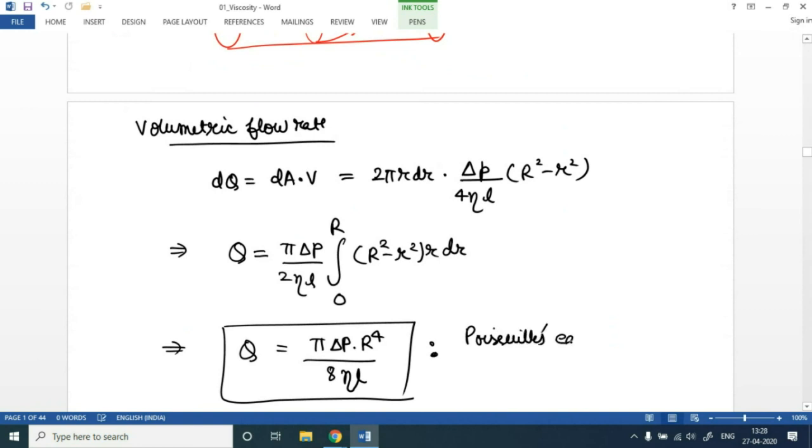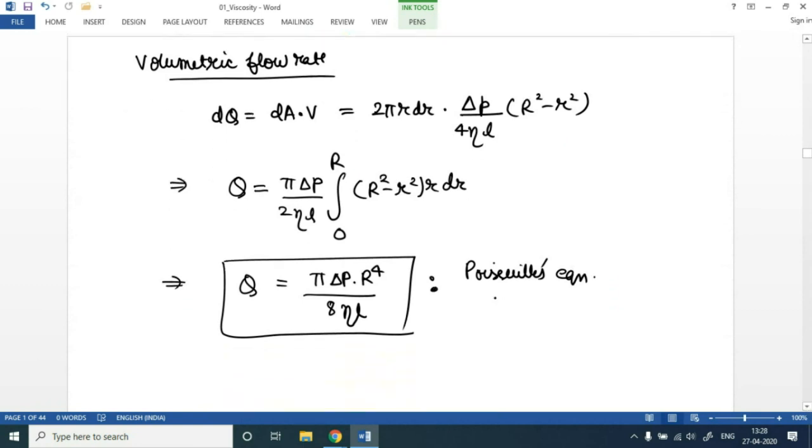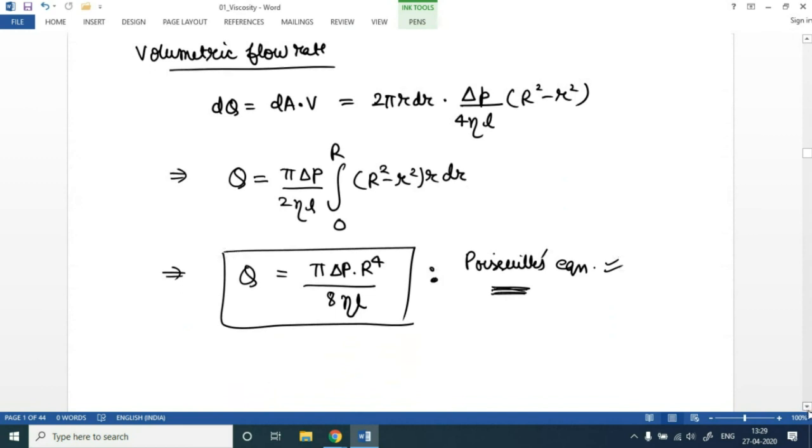It is not exactly in the syllabus of JEE Advanced, but they can always ask it as a question. So this gives the volumetric flow rate of the liquid inside a capillary.